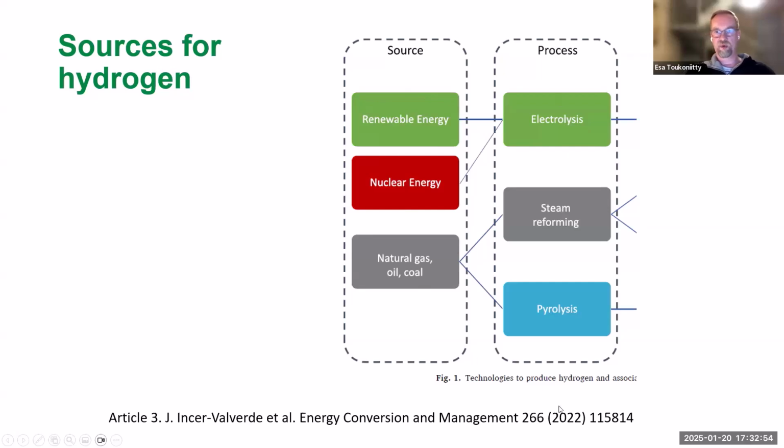And depending on the process you apply, there are multiple options: electrolysis, steam reforming, pyrolysis, at least mentioned in this slide. So hydrogen can be made in various ways. Some are more expensive, some are cheaper, and there are differences in these approaches, also when it comes to the source of energy, the source of the raw material.